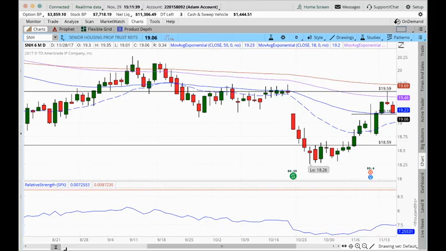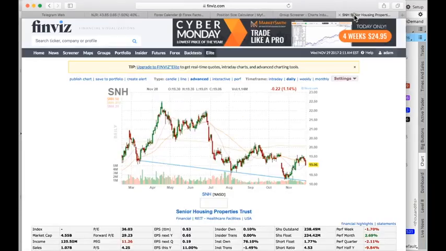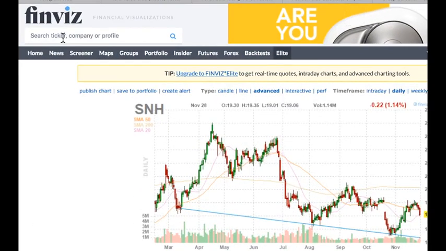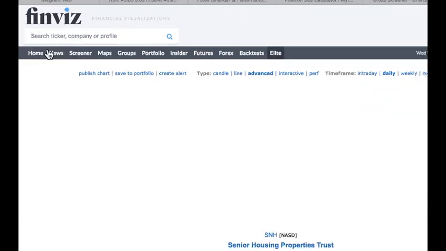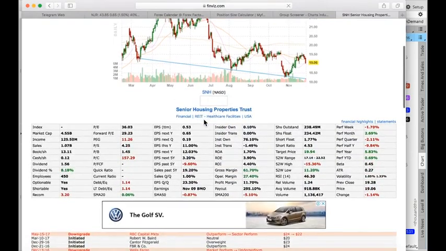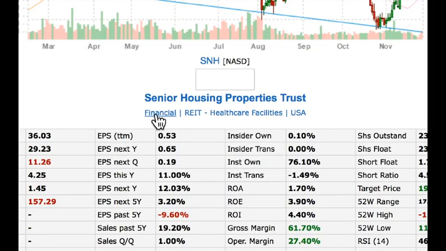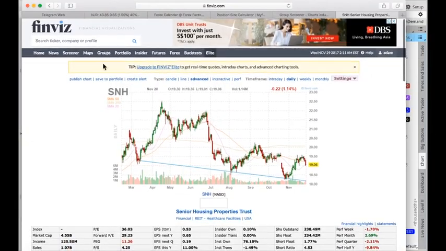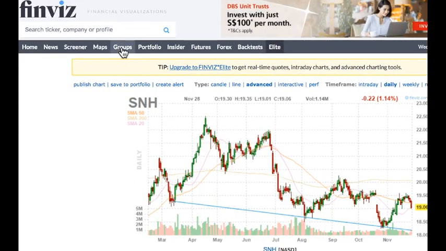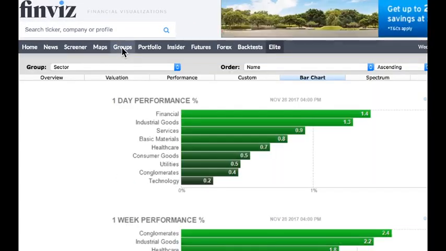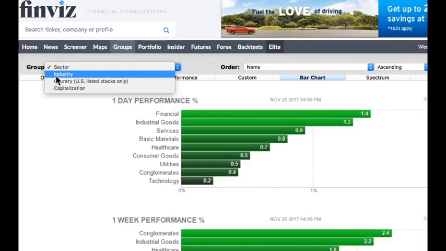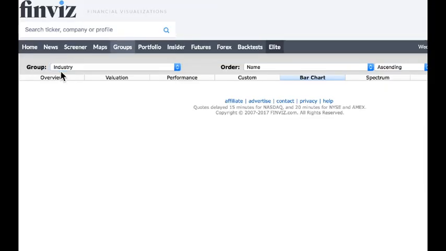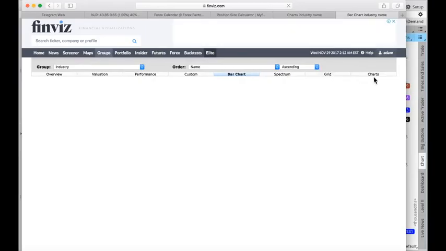In addition, I go to Finviz and I type in SNH, and it tells me that it's in the financial sector and under the REIT healthcare industry. Okay, so again, you can check out the groups. And again, you can go to sector or you can go to industry, which is more specific, and look at charts.